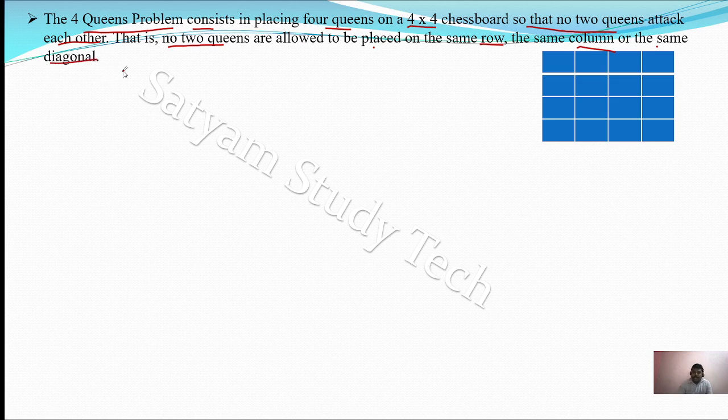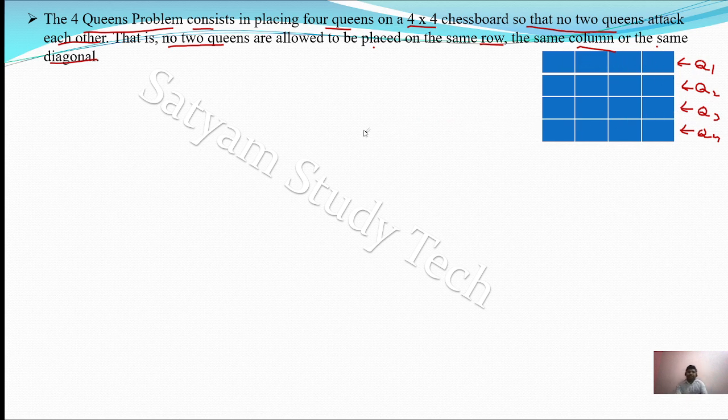First I am fixing q1 in the first row, q2 in the second row, q3 in the third row, and q4 in the fourth row. It is fixed. Now the column may vary. For example, q1 may be placed in the first, second, third or fourth column.